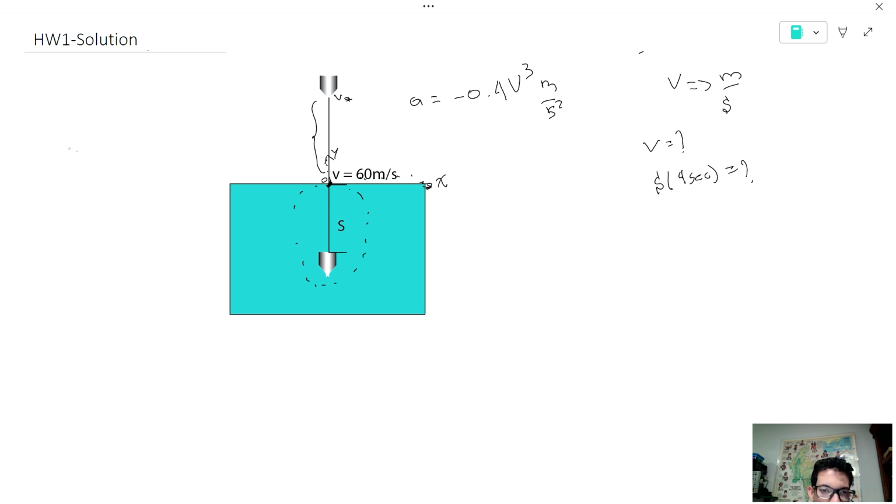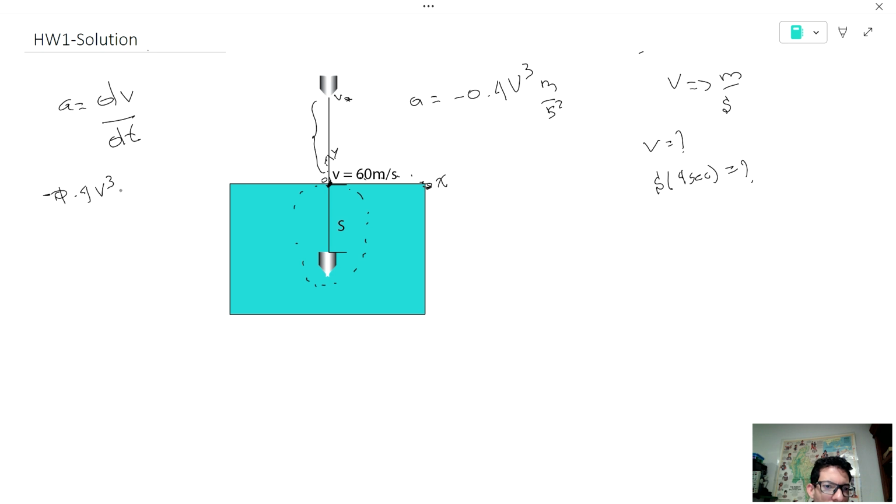So we know that the acceleration is the change in velocity with respect to time. And that's pretty simple because we have already our acceleration function. So negative 0.4 v cubed is equal to dv/dt. This is how we solve the problem.